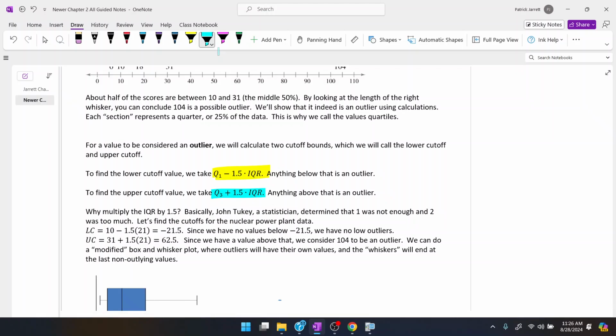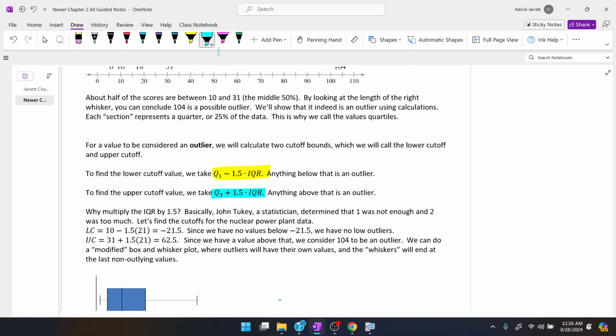If there is anything below that, that is an outlier. And for the upper cutoff, you would take that third quartile and add 1.5 times the IQR. Anything above it is an outlier.